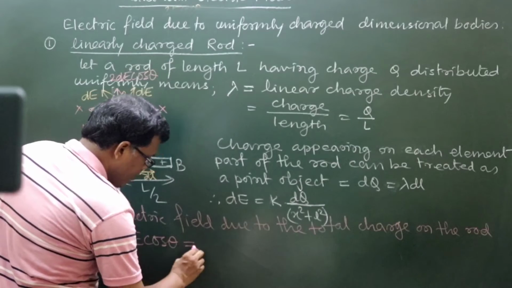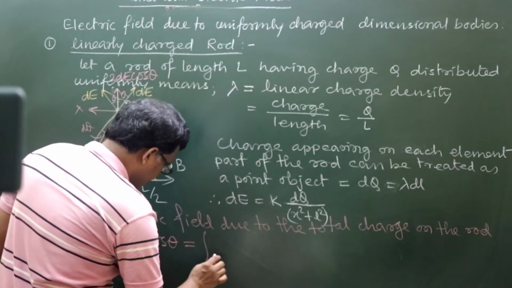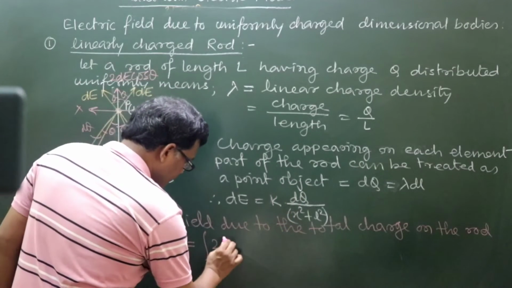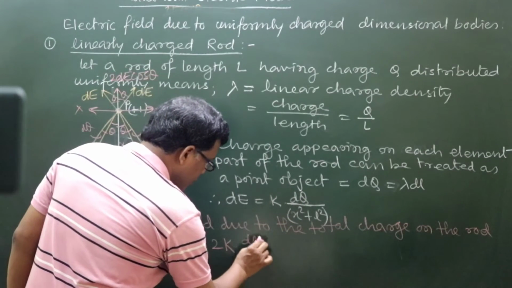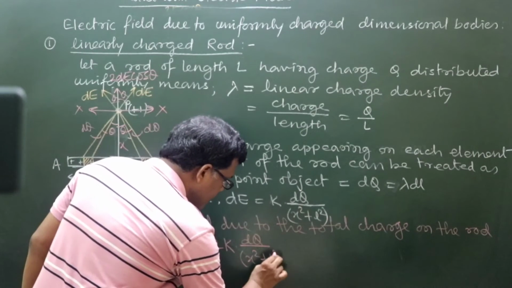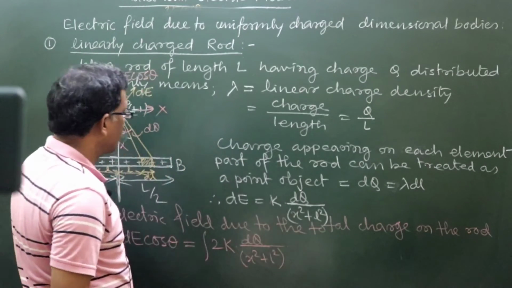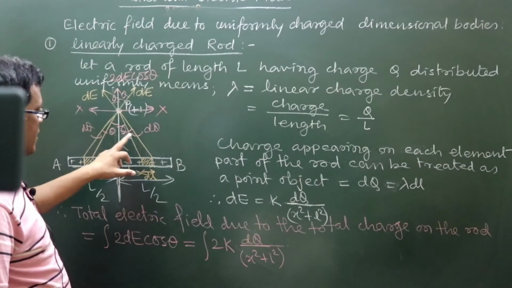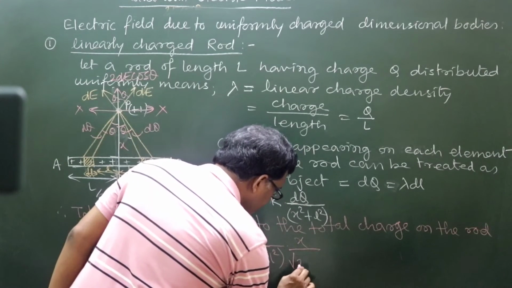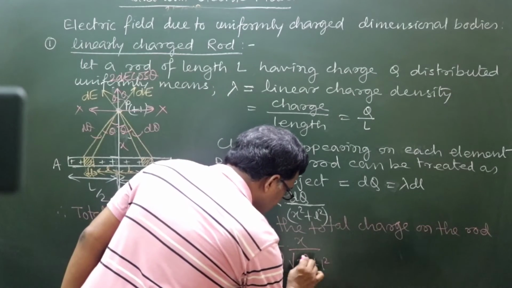So therefore we will write it as the integration of 2dE, which will be k into dq by x square plus l square, into cos theta. Again cos theta will be x by this distance, that is x by under root of x square plus l square.